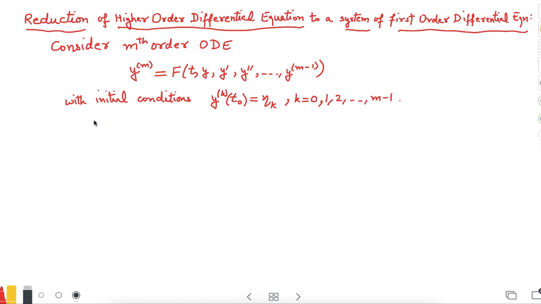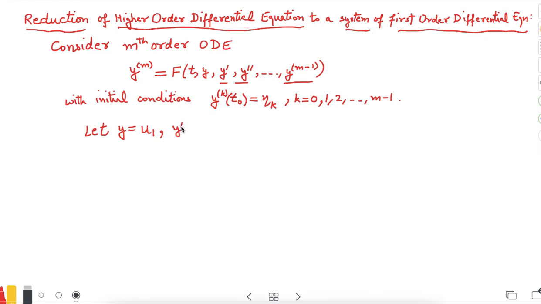we consider that the dependent variable, which is y here, is taken as a new variable, say u1, and all its derivatives, which are y dash, y double dash, and so on, up to the (m minus 1)th derivative, are also taken as new variables.